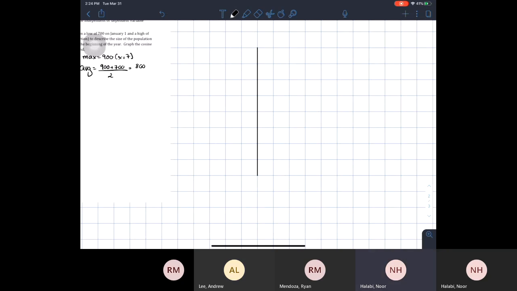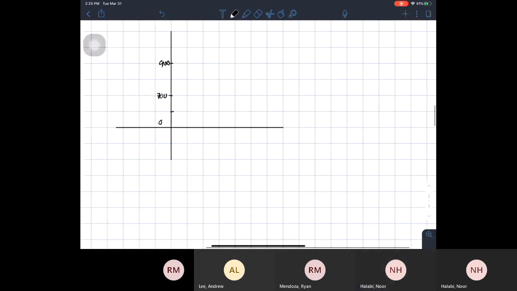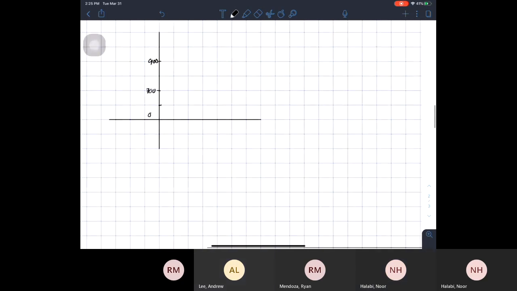So let's assume this is 0. This is 700, and 900 is gonna be here.